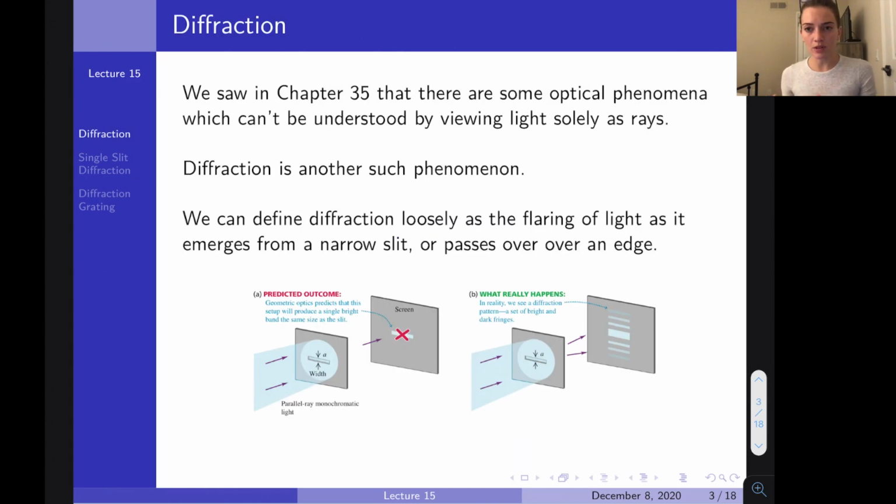So in chapter 35, you saw that there are some phenomena that can't be understood if you look at light solely as rays and use the geometric interpretation that we also did in chapter 34. So one of these phenomena is diffraction. And diffraction is basically just waves flaring out around an edge.